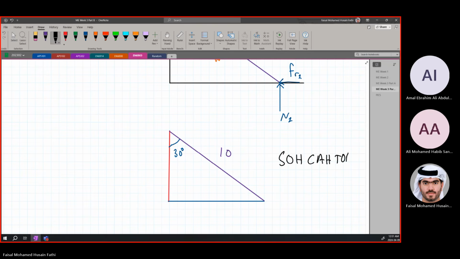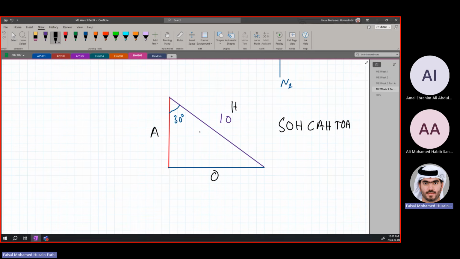SOHCAHTOA. We know that this is the hypotenuse. We know this is the angle, the wall adjacent, and this is the opposite. All right? So we can start solving for the adjacent and the opposite. For the adjacent, we are given the hypotenuse, so we're going to use h and a, which is cosine. So cosine 30 degrees, because we already have the angle, is equal to adjacent over hypotenuse.